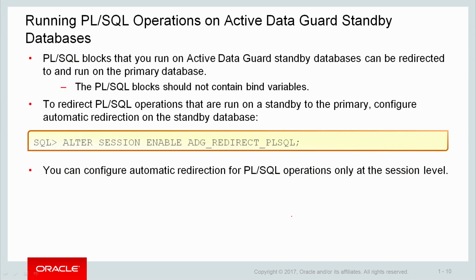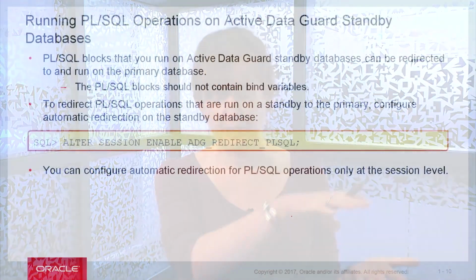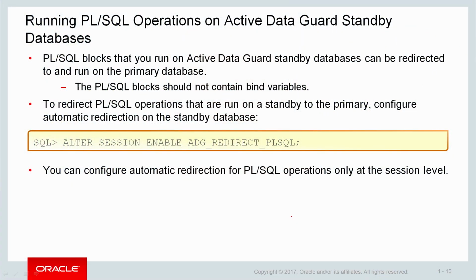Now, in very similar fashion, you can also run PL/SQL operations on an Active Data Guard standby database. These PL/SQL operations will be redirected to the primary and therefore eventually filter through to your standby. So PL/SQL blocks that you run on an Active Data Guard standby database can be redirected to and run on the primary database.